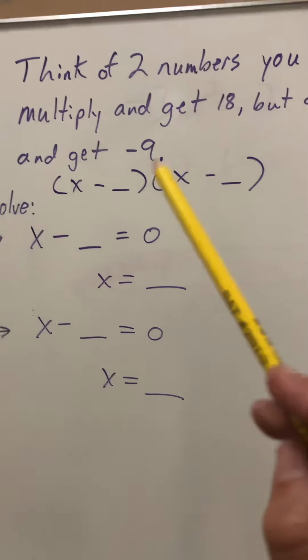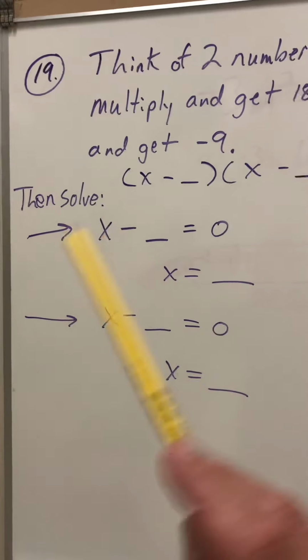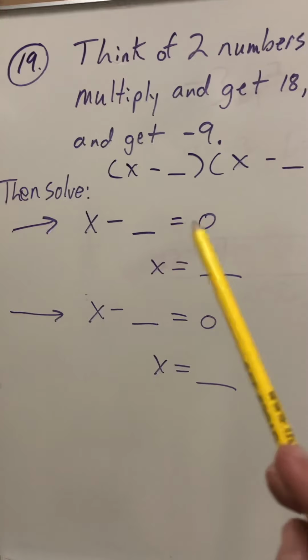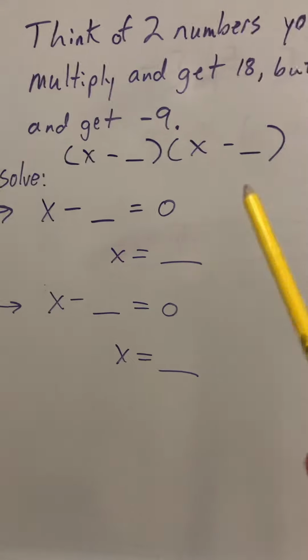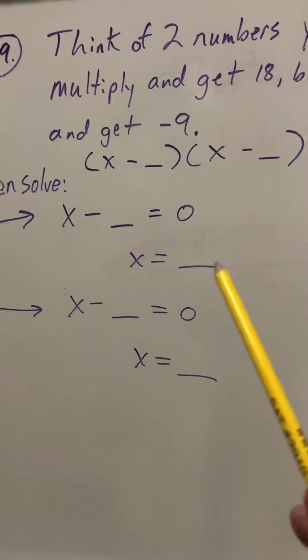The next thing you've got to remember to do is this step: highlight this, then solve it. So take this first one, set it to 0, solve for x. That's going to be your solution. That's where it crosses the x-axis.